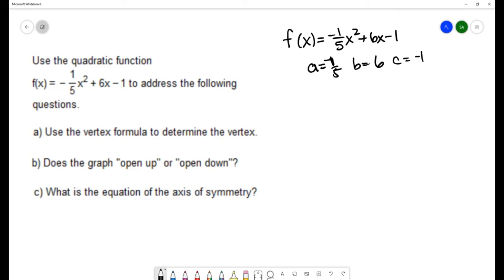So we are going to use the vertex formula to find the vertex, and the vertex formula has an ordered pair, (h, k), and we're going to find the x-coordinate of the vertex using the formula -b/2a. And we're going to find the y part of our vertex by plugging that h into our function. So we're plugging the x into the function to get the y.